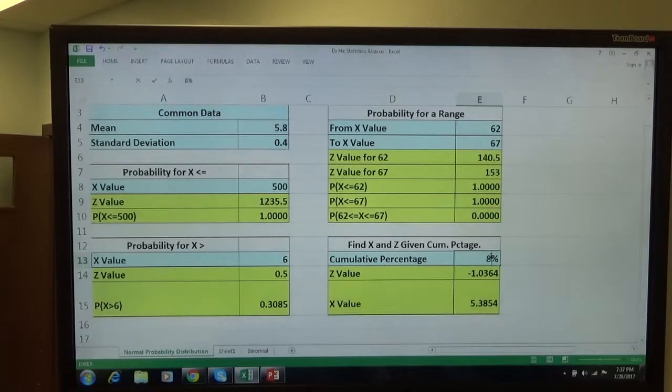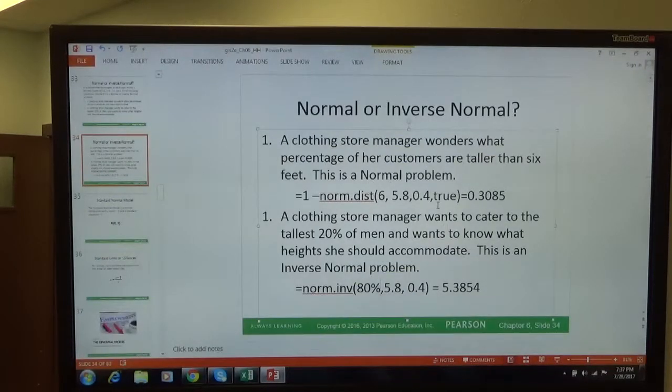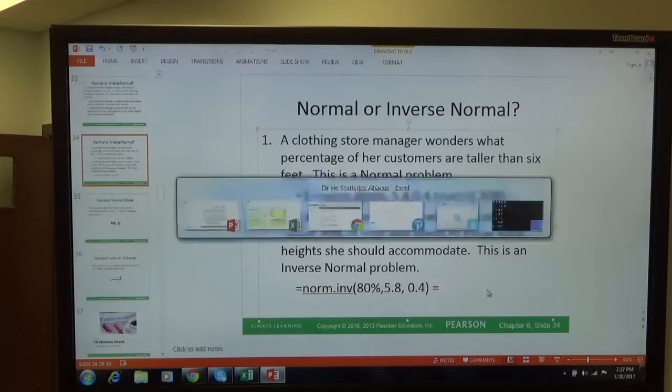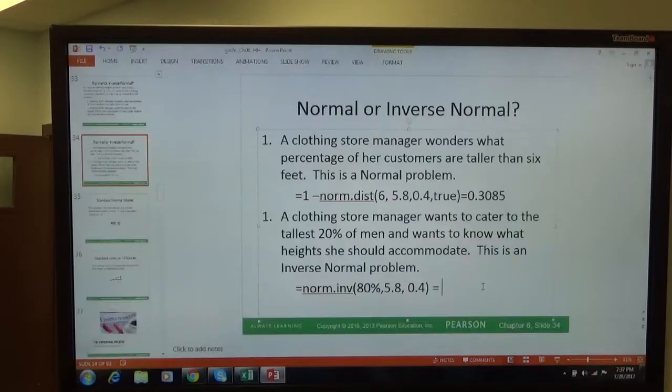The mean is 5.8, 0.4, so this should be 6.1366. Okay, but we'll have to put 80%. The top, yeah, definitely, that's all.